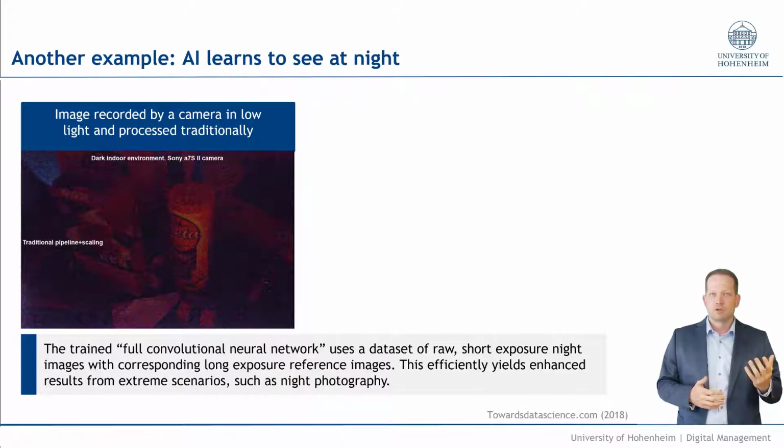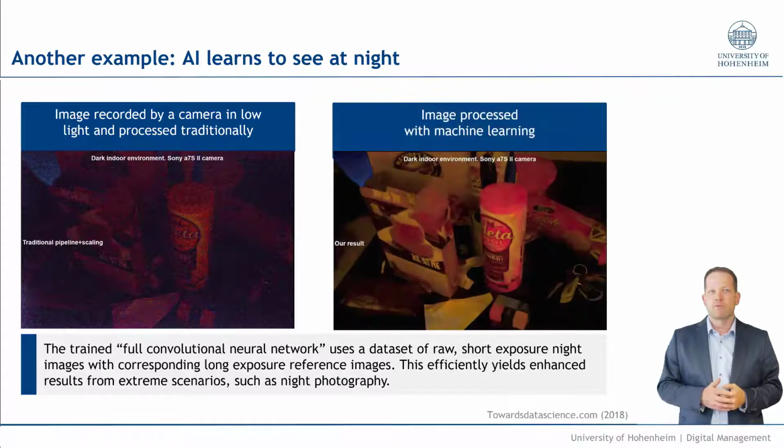They had the short exposure night image, the dark image, and the better long exposure image, and then trained an algorithm to calculate from the bad image the good image, from the short exposure night image the long exposure reference image with high quality. And they found out that this efficiently yields enhanced results from extreme scenarios such as night photography.